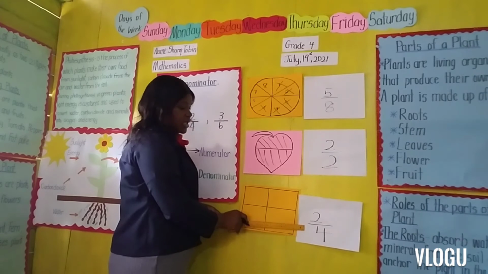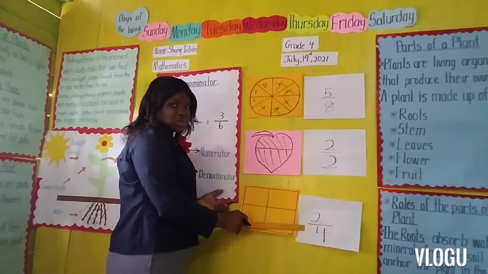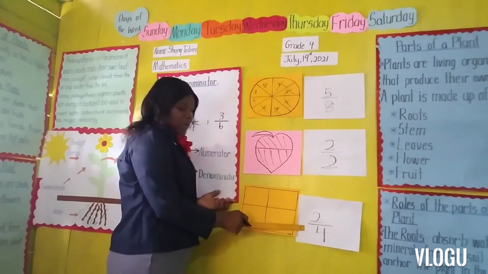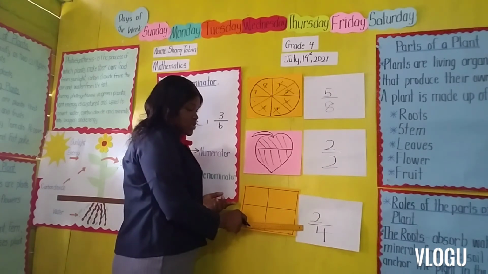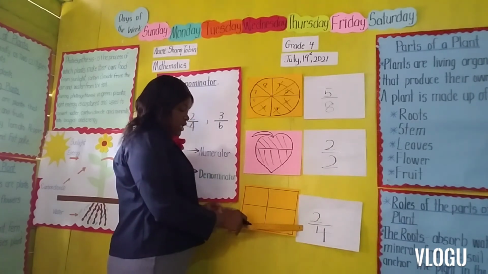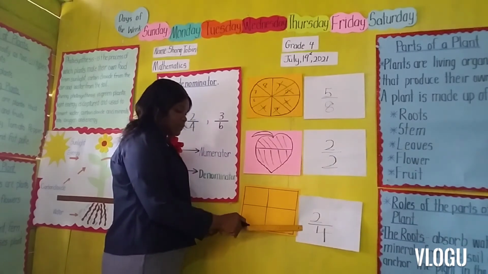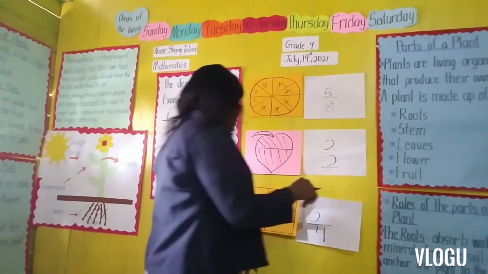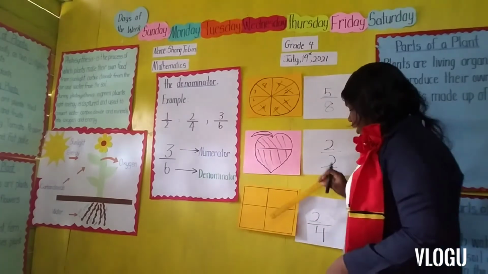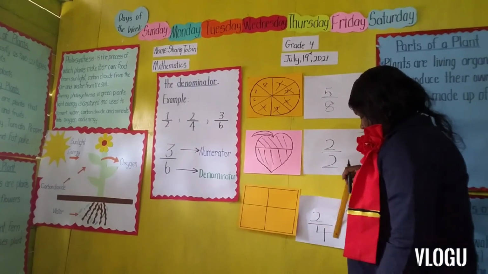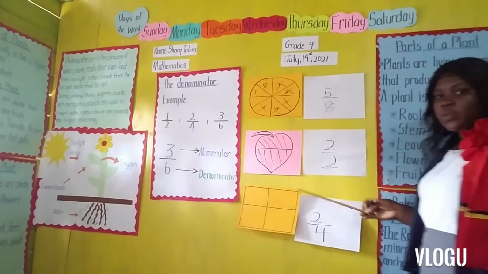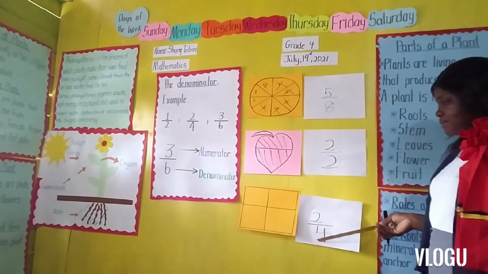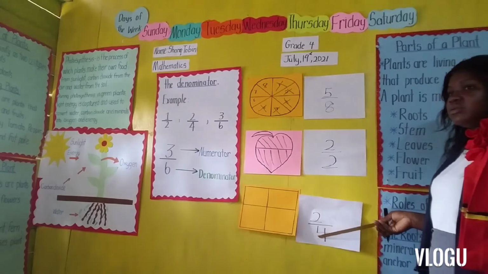This fraction here has already been written out. So now we have to say what is the numerator and what is the denominator on the square here. Now, look here. This, the 4, what does it represent? Let me hear you.